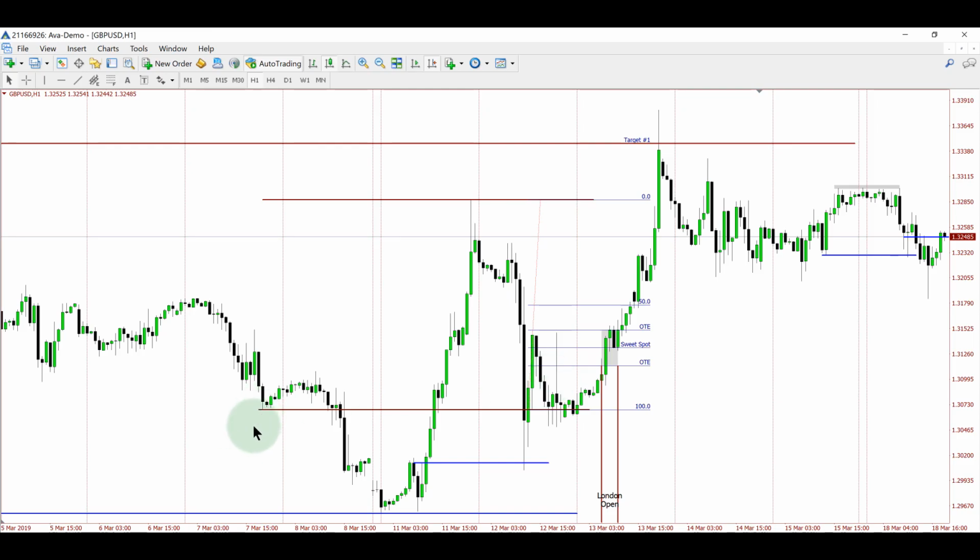You always want to have previous day's highs and lows in the last 3 days on your chart. For instance, right now we're on the 18th of March. Okay, so you want to look back 3 days. 1, 2, 3. So this day here on the 13th, that's how much you want to look back for previous day's highs and lows, because that's where the fractal swing highs and lows will form.